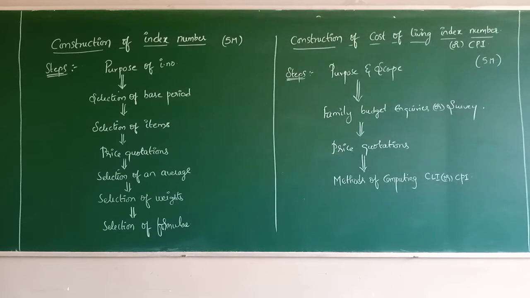If 2020 is the current, 2019 will be the base. If 2019 is the current, 2018 will be the base. So the immediately preceding year is called a chain base.